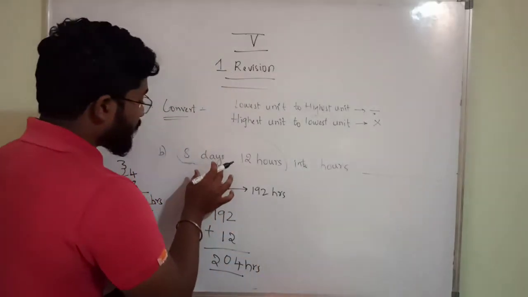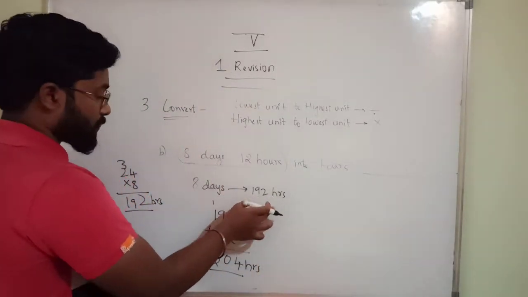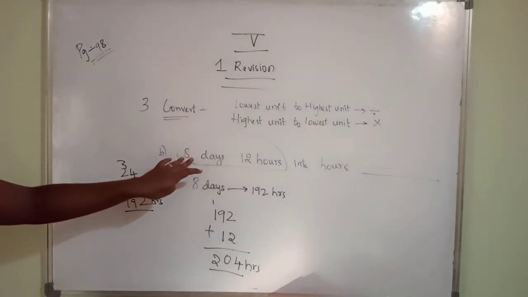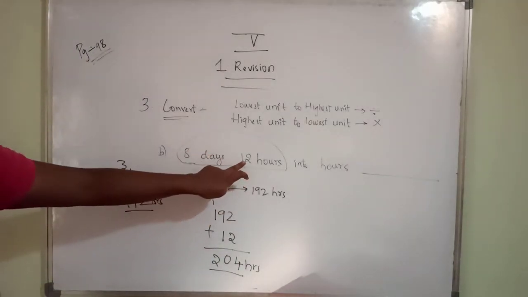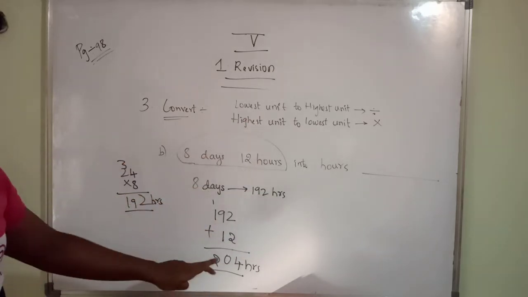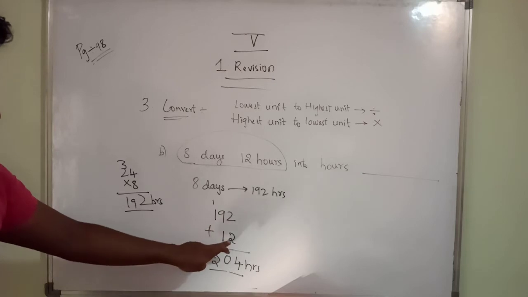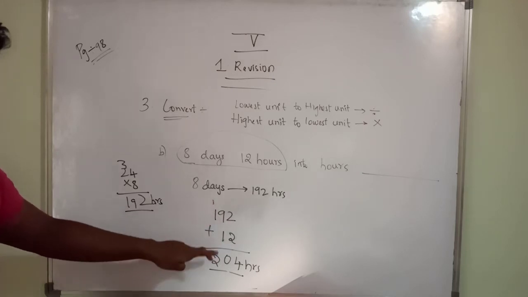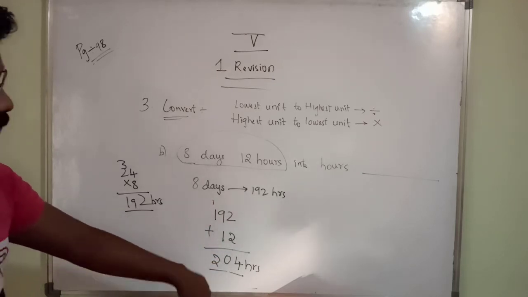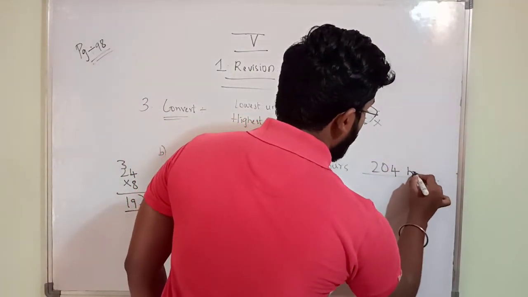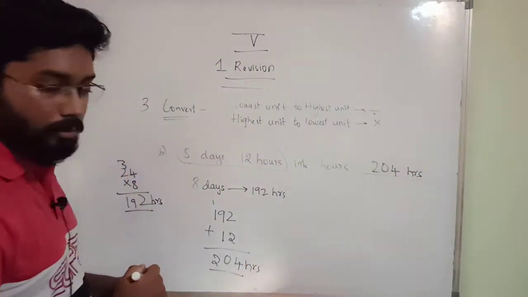Total 8 days means 192 hours by multiplication. But here it is not only 8 days. You have 12 hours more. So you have to add 12 to 192. You will get 204 hours. Okay, 204 hours.